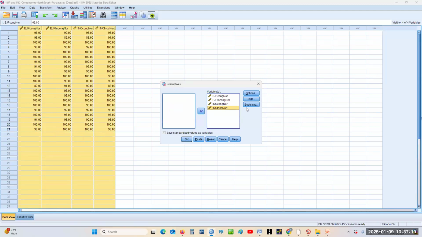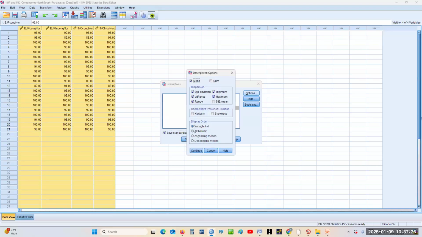We want to see the mean and the range. I select this one, I go to the option, and there is also standard deviation, variance, range, minimum and maximum. What is the dependent variable here? The dependent variable is the response accuracy, and the independent variables are BJP and INC, and congruent and incongruent. That is what we call a 2 into 2 ANOVA.